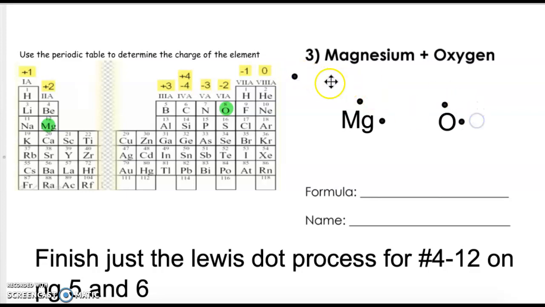So you do 4 around, and then you would start again to get to 6. Like we've said, metals usually tend to lose electrons. So magnesium is going to give both of its electrons to oxygen, and then you'll see a complete 8.